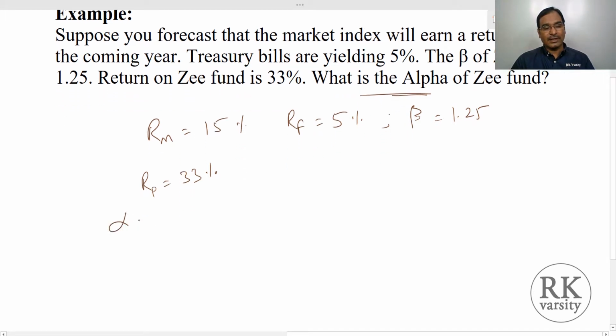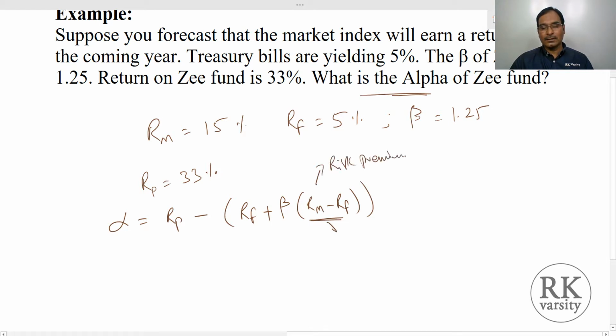Our alpha value equals the realized return on a portfolio minus the risk-free rate plus beta times return on market minus risk-free rate. So this is your risk premium, and making an adjustment with a beta value.